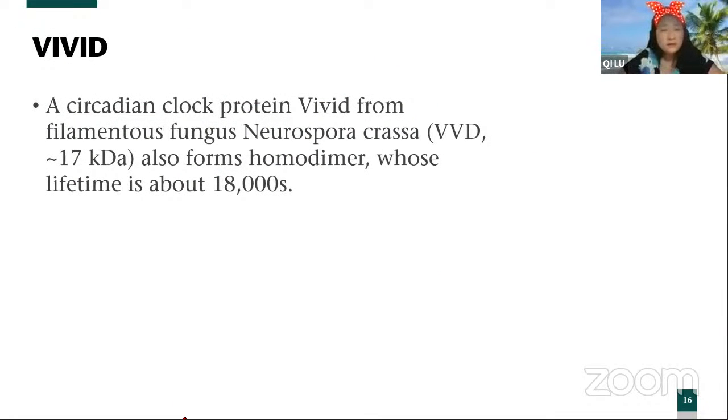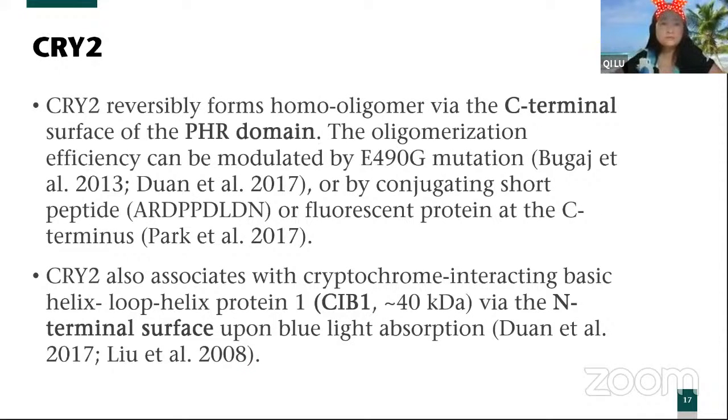Vivid is a circadian clock protein from Vaucheria, and it is also a homodimer. It is activated by light and can form dimers. And CRY2 is very interesting in the activation by blue light. Either it can dimerize with another CRY2 molecule, or it can form a heterodimer with CIB1.